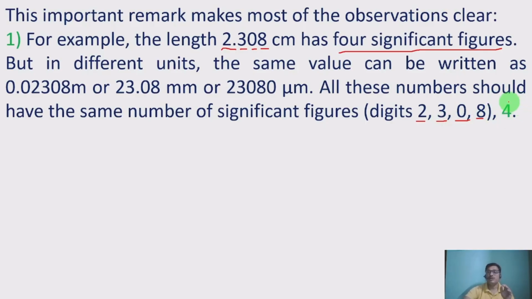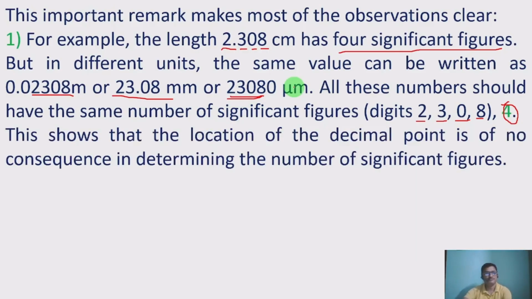All these have four significant figures. The zeros are not counted, and for that there are rules that we are going to take further.